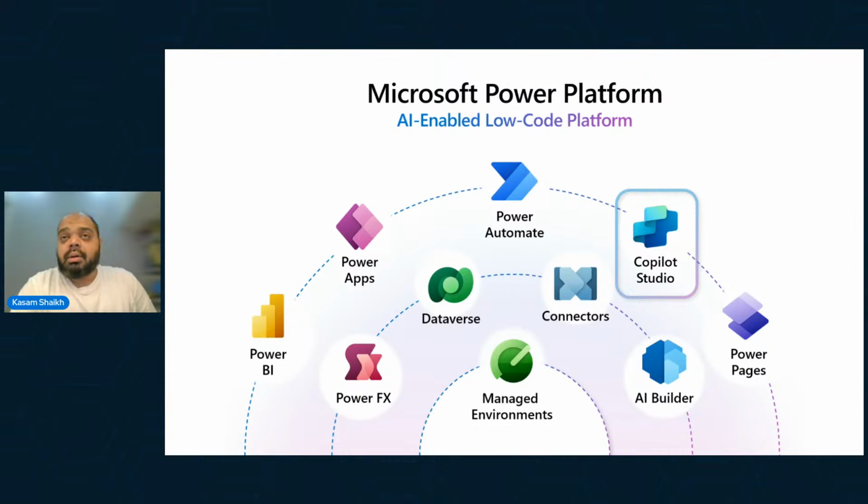We have a few core tools within the Power Platform, like Power Apps for mobile and desktop application development, Power Automate for cloud and desktop process automation, Power BI for business analytics and reporting, Power Pages for enterprise-grade websites, and Copilot Studio for building agents.